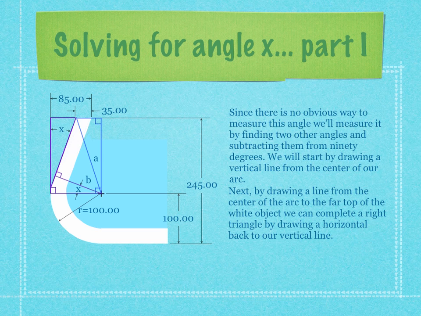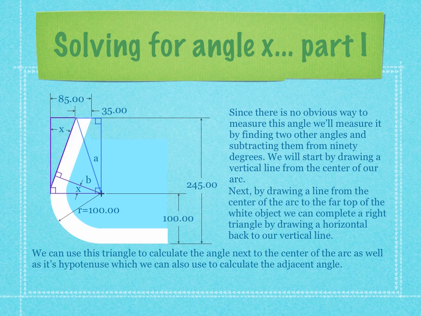Next, by drawing a line from the center of the arc to the far top of the white object, we can create two triangles. And by solving for angles A and B, we can calculate angle x. To do that, we first have to find the hypotenuse of the two triangles.